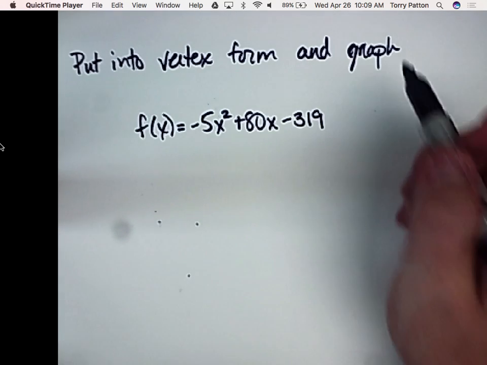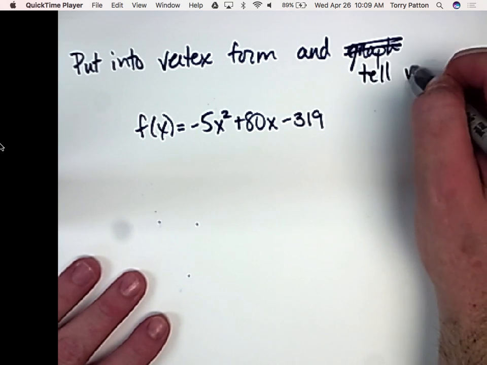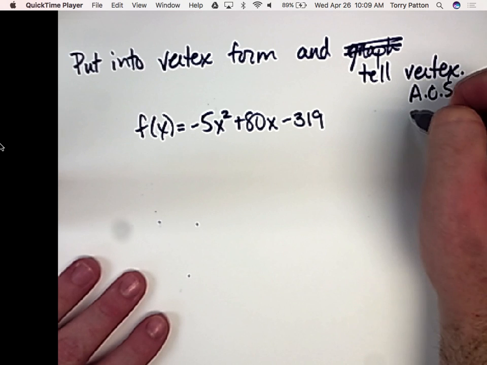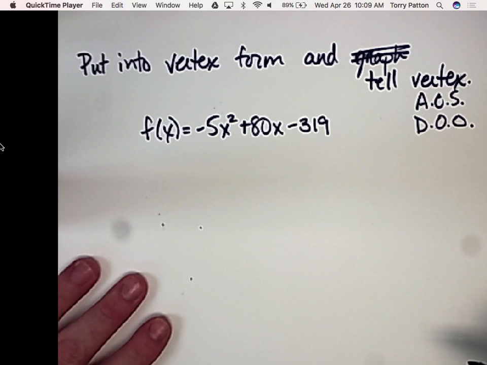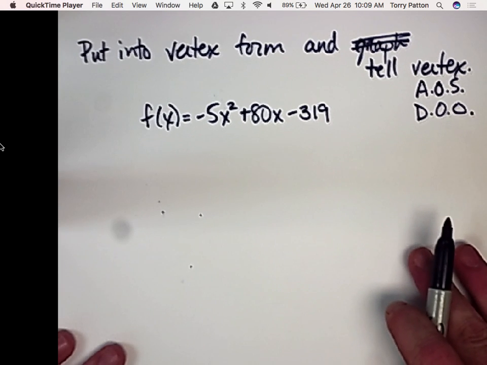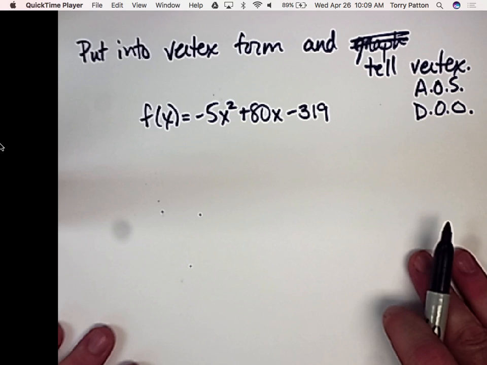Well, instead of graph, I want you to tell the vertex, axis of symmetry, and direction of opening. Because the y-intercept is negative 319, so I don't want you to graph that. Okay? Direction of opening.